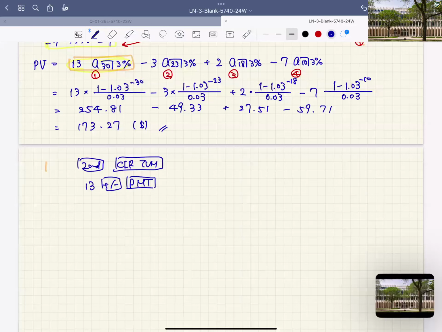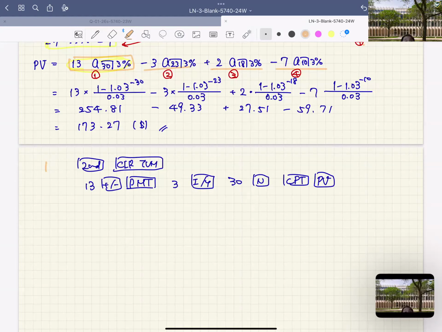Then you input the 3%. 3 is the interest rate, and the number of payments is 30. Then you can immediately compute the PV. So this one is very quick to calculate, and the other ones you can do in the same way.